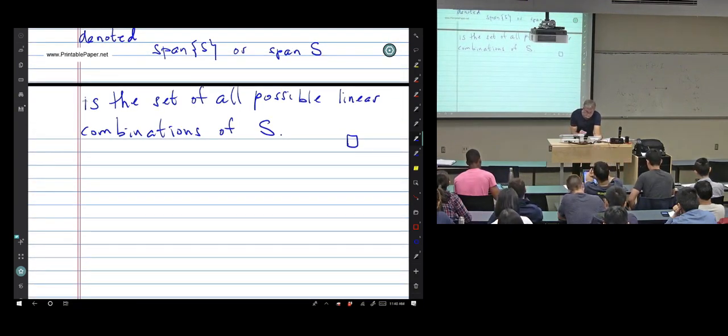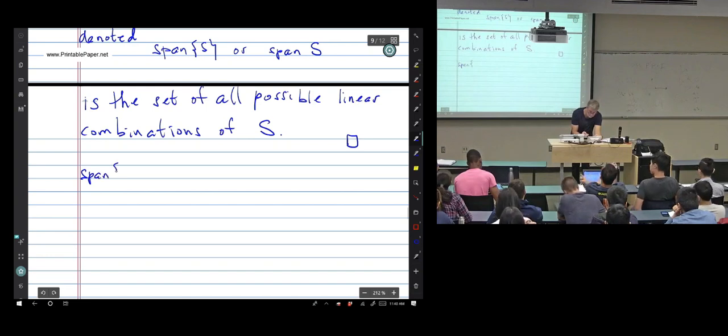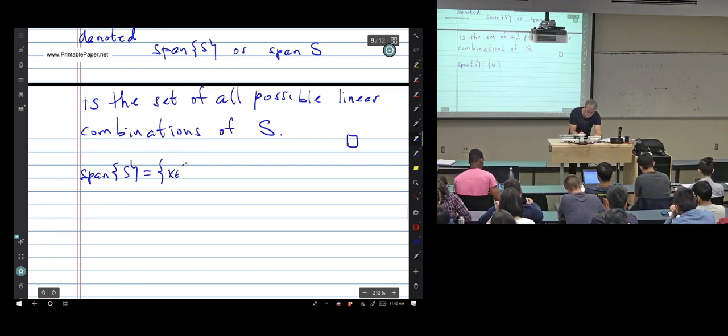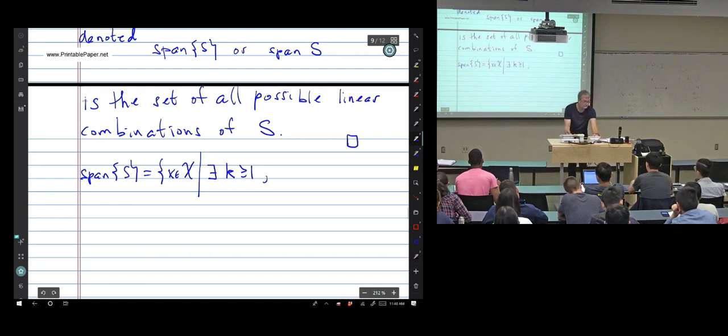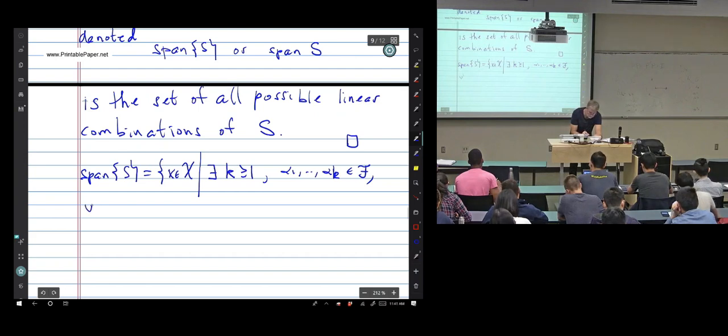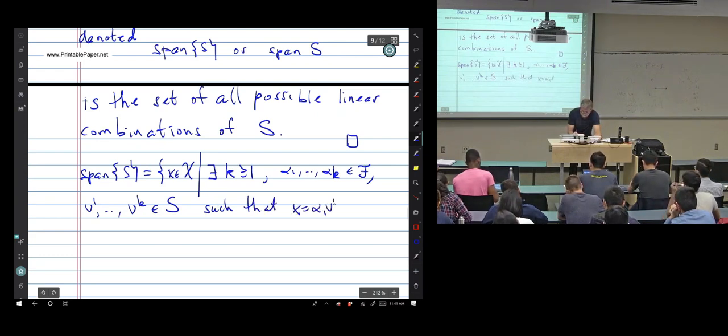So what does that look like? Span of S is equal to all the vectors x in the original space for which there exists some natural number k bigger than or equal to 1, coefficients alpha 1 to alpha k in the field, vectors v1 to vk in S, such that x equals alpha 1 v1 plus dot dot dot plus alpha k vk.